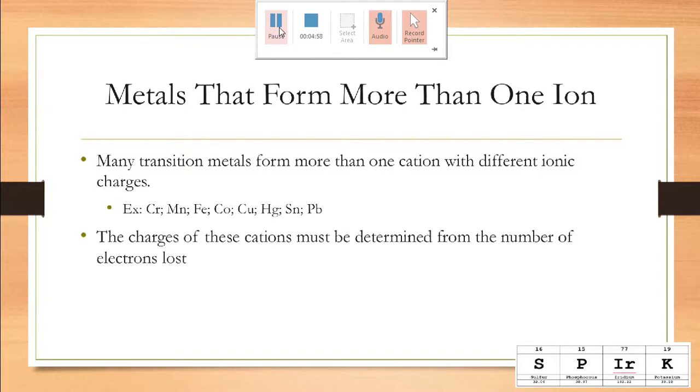The charges of these cations must be determined from the number of electrons lost. For example, Fe2+ means that the iron cation has lost 2 electrons. And we also have Fe3+, which means that the iron has lost 3 electrons.